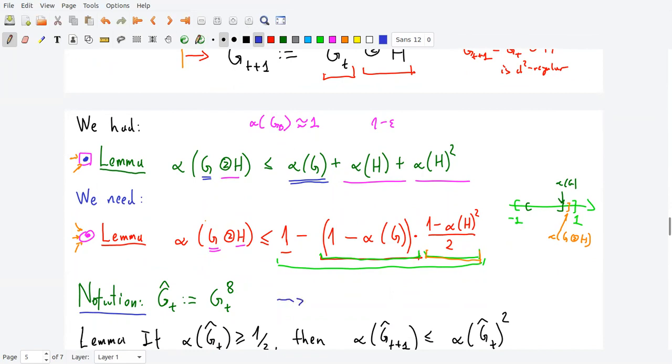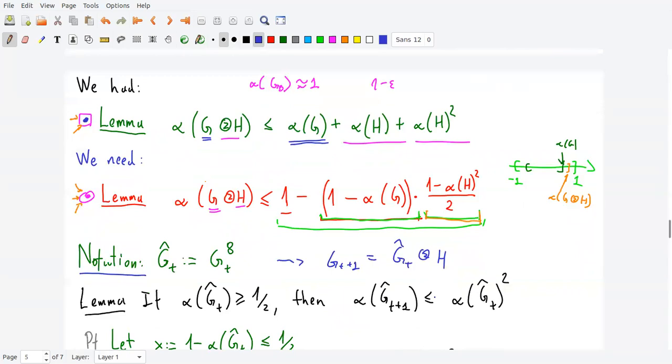Then G_{t+1} is defined as G_t hat zigzag H. First of all, we need to understand how this spectral parameter alpha is being improved during the process. If alpha of G_t hat is larger or equal than 1/2, then in the next iteration, when I look at G_{t+1} hat, it will improve, by squaring the previous bound.